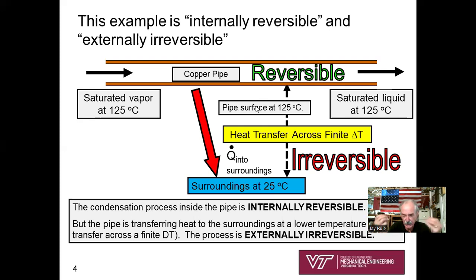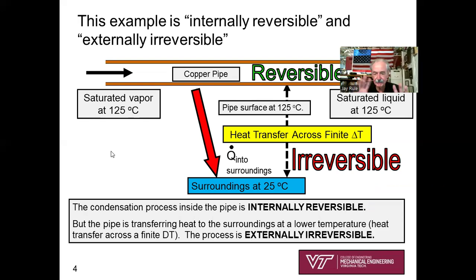It's copper, very conductive, right? Extremely conductive. So the process inside this pipe is reversible. However, the process outside the pipe that I'm depicting as my red arrow is irreversible because of heat transfer across a finite temperature difference.